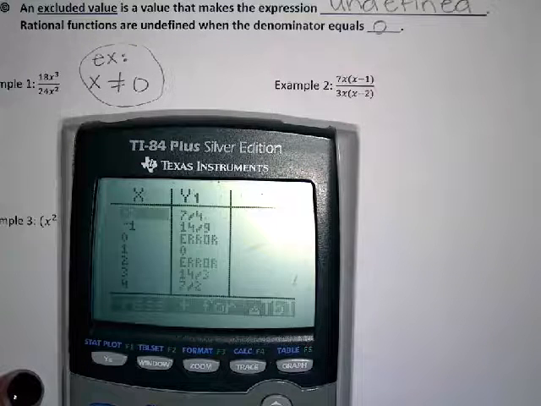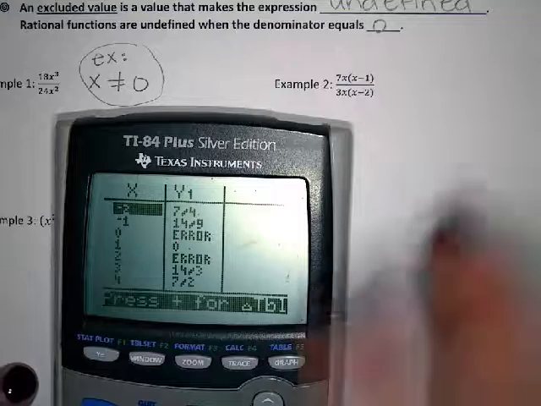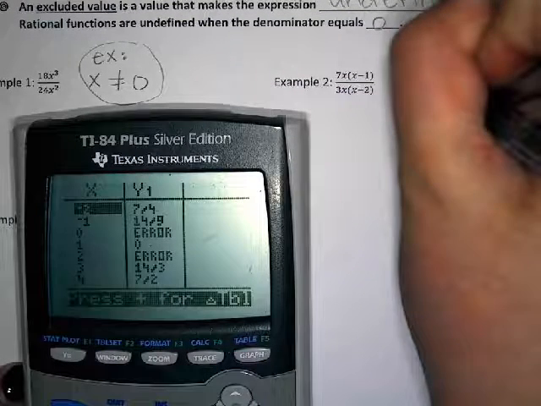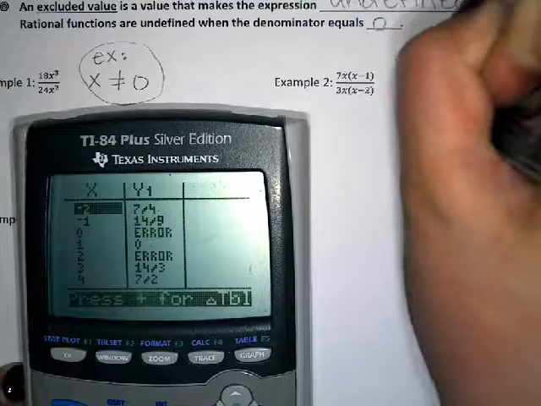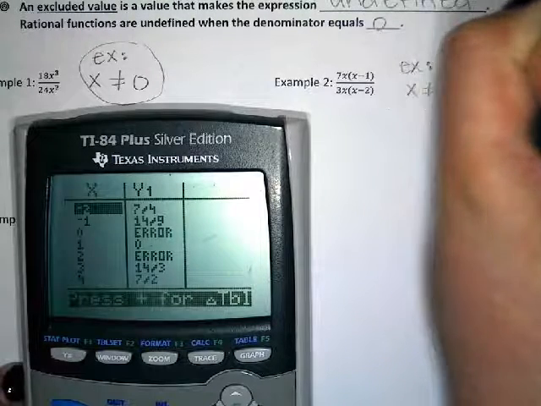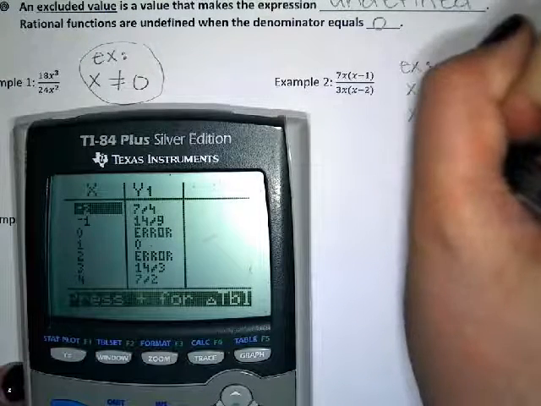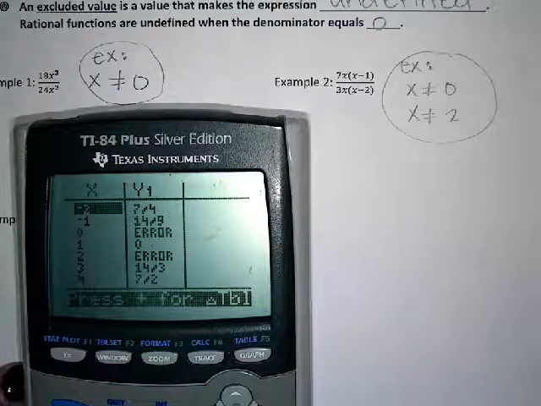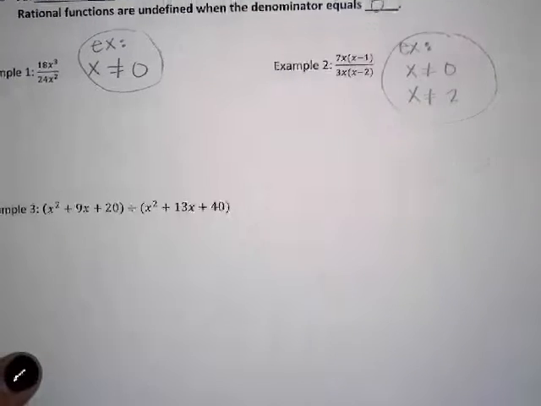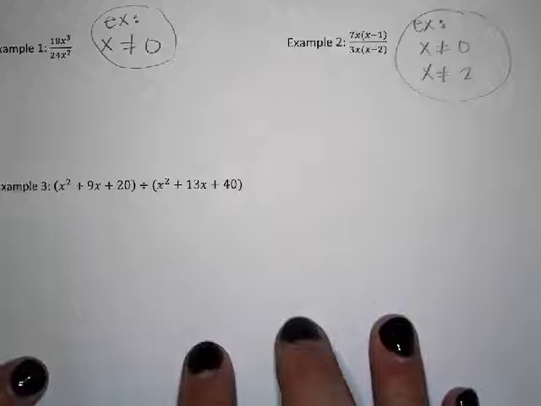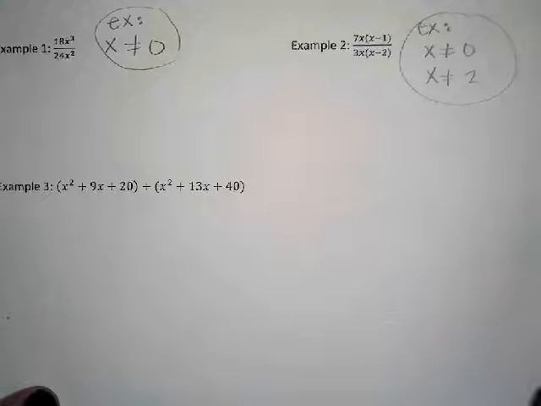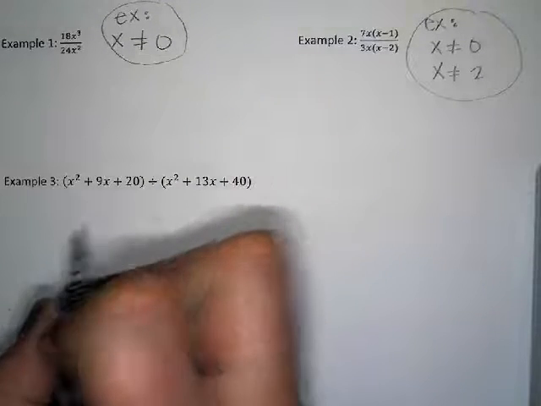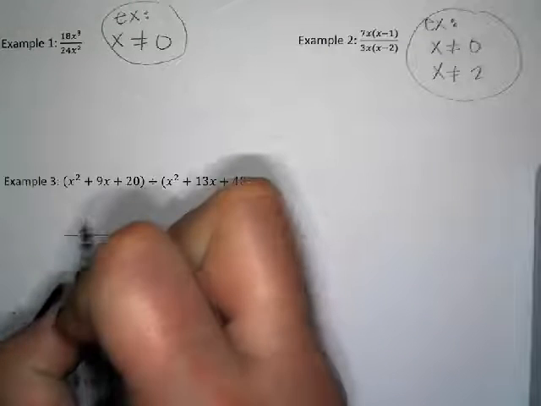The excluded values here: x cannot equal 0, x cannot equal 2. So this means that if we got 0 or 2 anywhere for the x value, then there's a pattern. Give it a second, you'll pick it up.